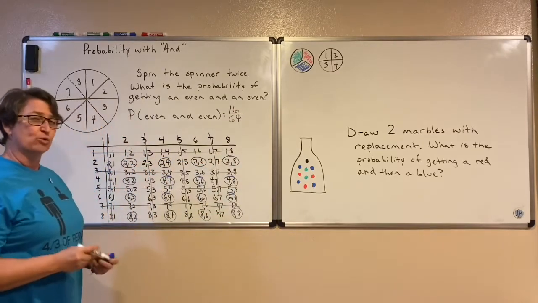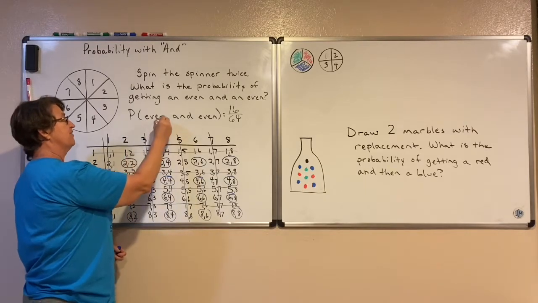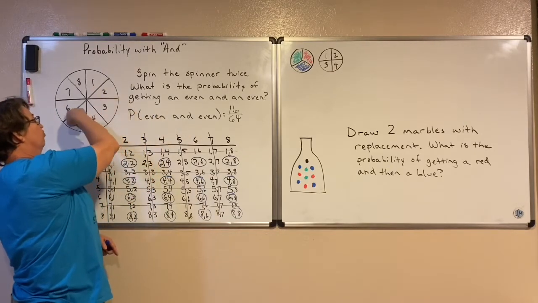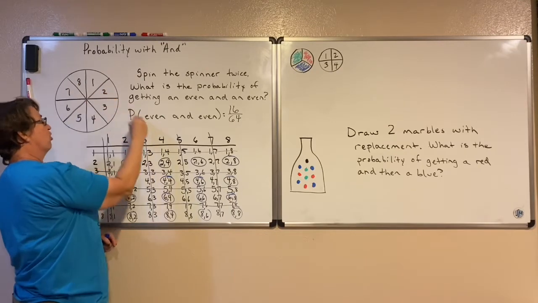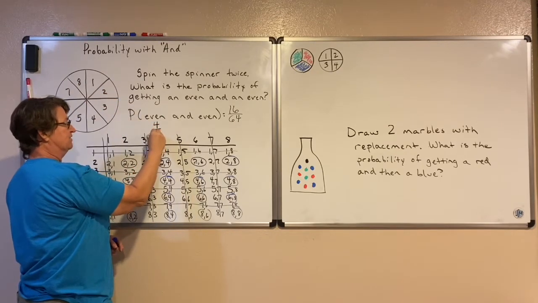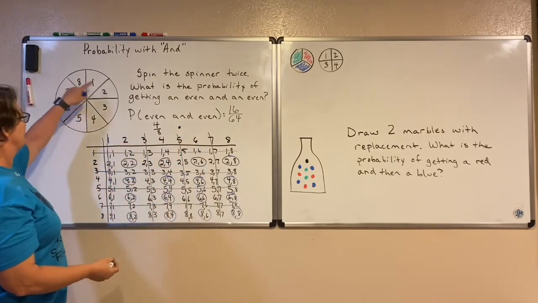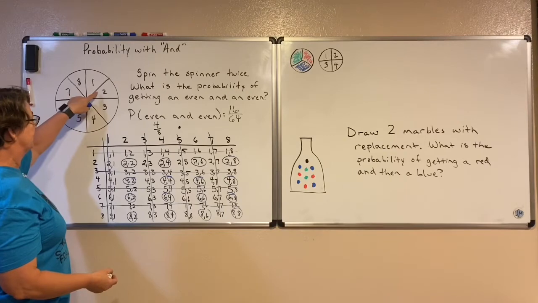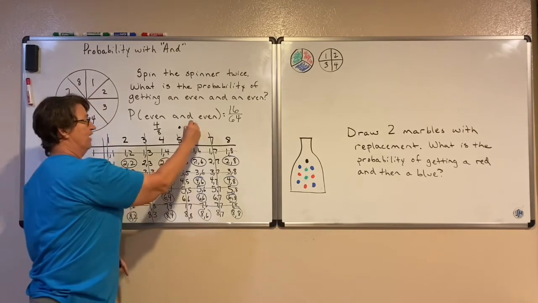Now, how did we really go about getting that probability? Well, the probability that we got an even on one spin was 4 out of 8. And on the second spin, the probability that I get an even is again 4 out of 8.